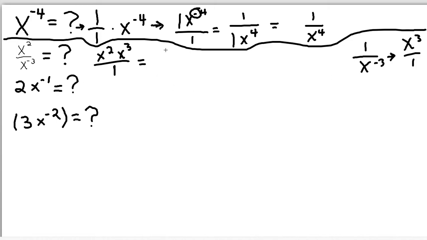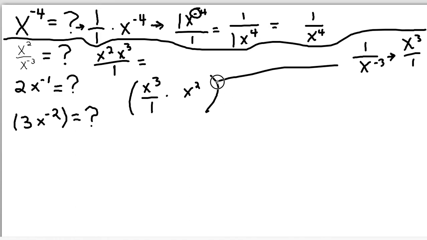So we took x cubed over 1 times x squared. And this gave us that, and that is what gave us that.